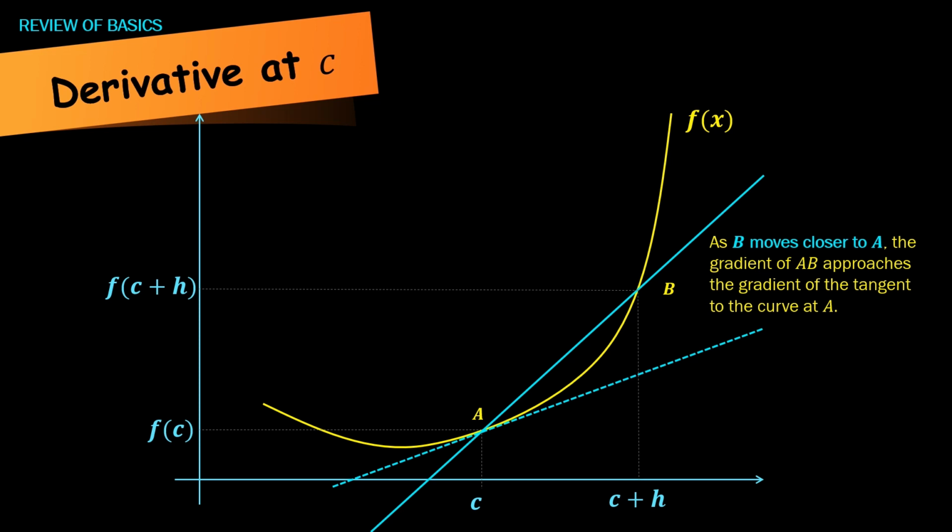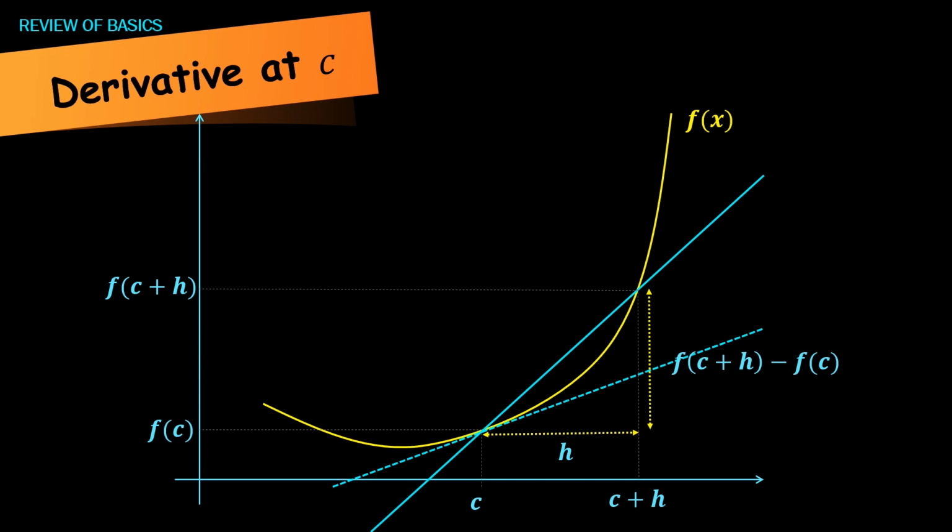The gradient of the line joining f of c to f of c plus h is change in y, as shown by the blue line indicated by an arrow, divided by change in x, which is equal to h.